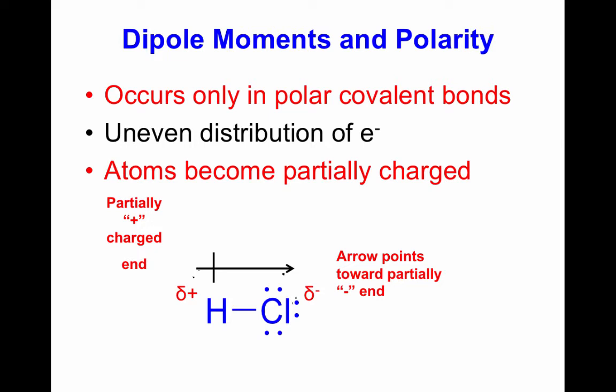So the electrons that are being shared between the hydrogen and chlorine are being pulled closer towards the chlorine because it is more electronegative. So you still have sharing of electrons between the hydrogen and chlorine, but remember that's 70-30. You can think about it as chlorine is pulling 70% and then hydrogen's pulling back at about 30%.